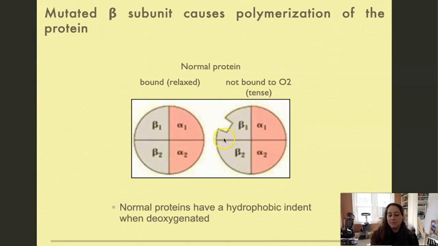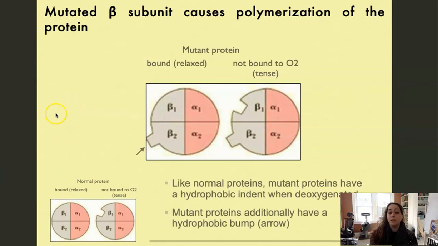Well, simply all we mean is that this indentation has some amino acid that is hydrophobic, and so not necessarily very common. Normally we talk about the surface of a protein being hydrophilic, but when the hemoglobin molecule is not bound to oxygen, we do get that little surface feature, and this is going to come into play in a moment.